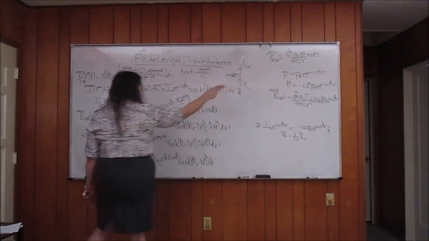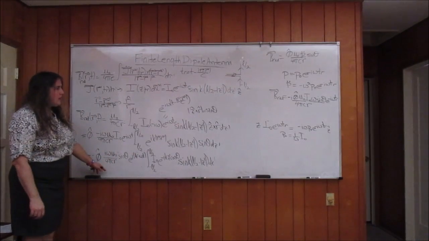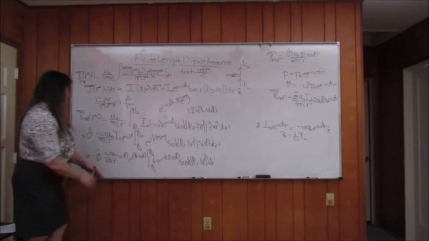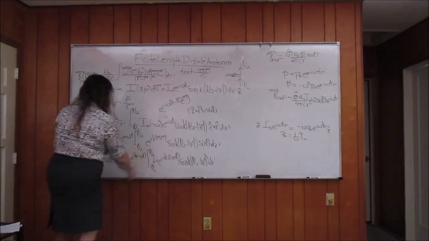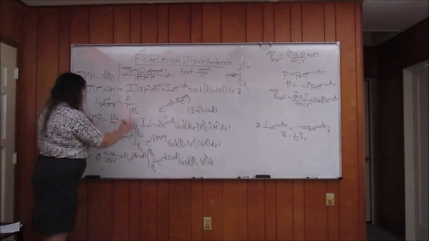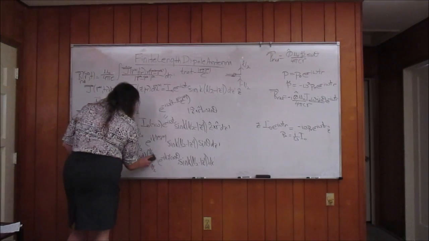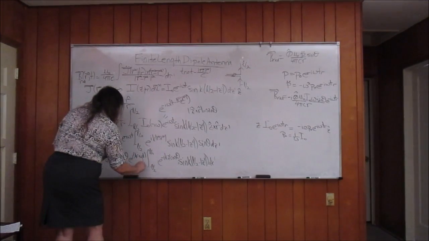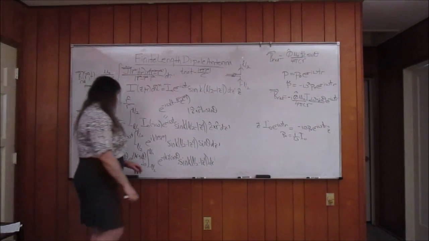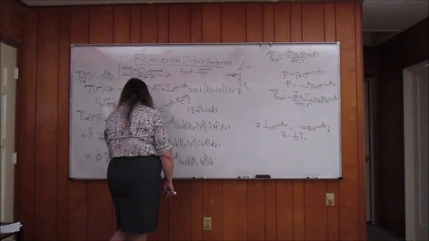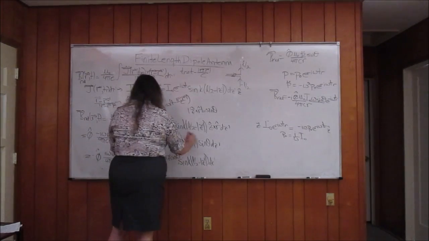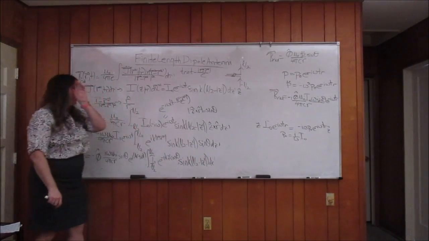Now if I compare this expression with this one down here, notice that this part of it is identical. So basically, this part, and let me pull this I naught out front, is called your element factor, and this part over here is called your space factor.